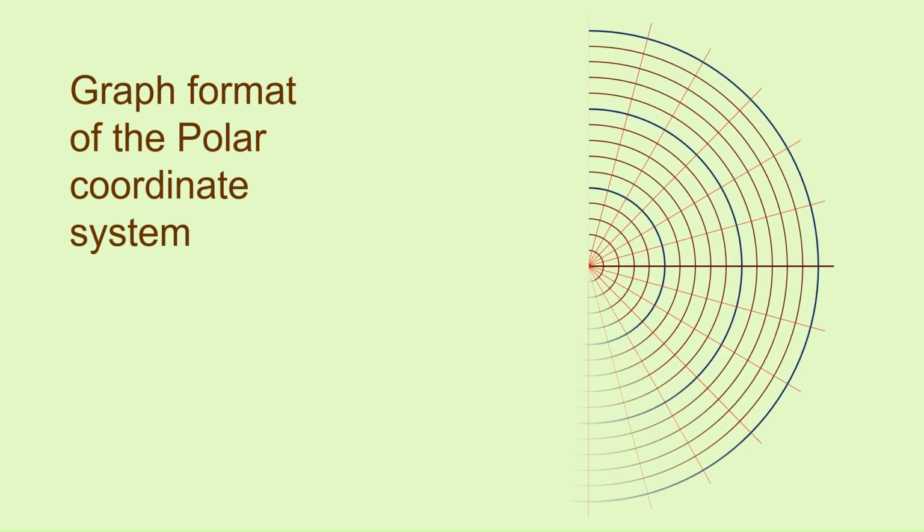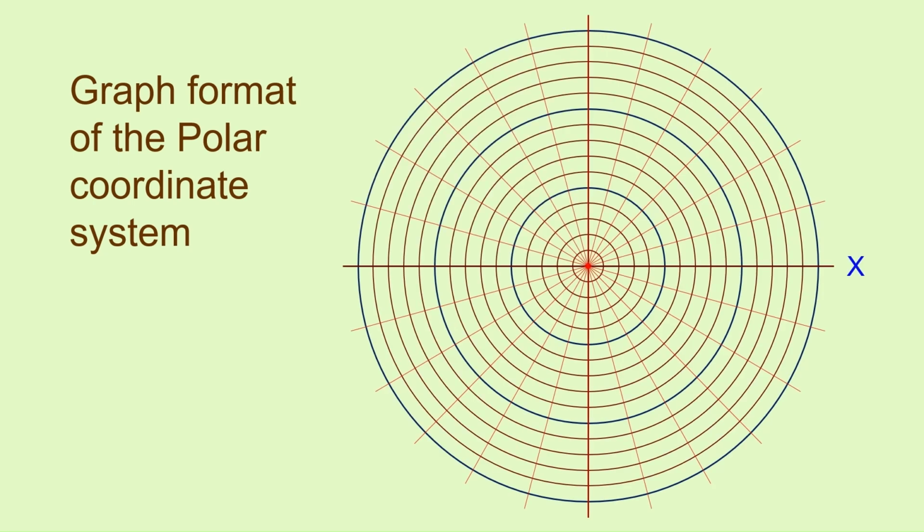Note, this is how the graph format of the polar coordinate system looks like. It is coordinated in distances and an angle of direction, 0 to 90 in all four quadrants.